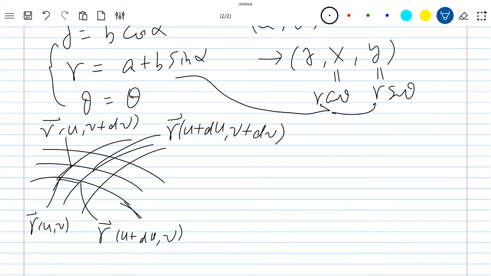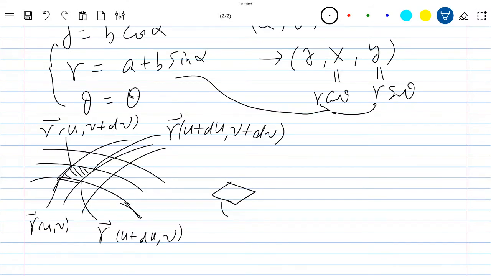Okay. So now look at this region. If du and dv are both small, then this is like a small plane. Well, actually it's not necessarily a rectangle. In general, it's a parallelogram, because the angle may not be 90 degrees.